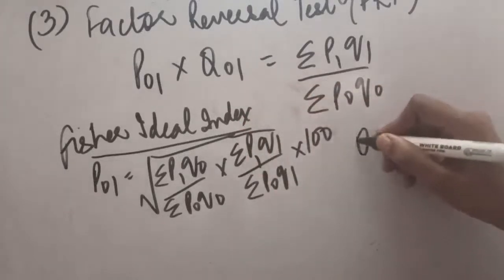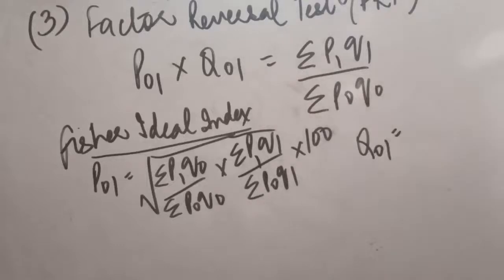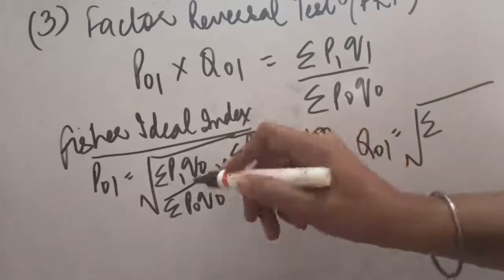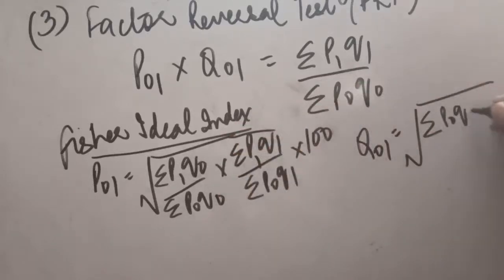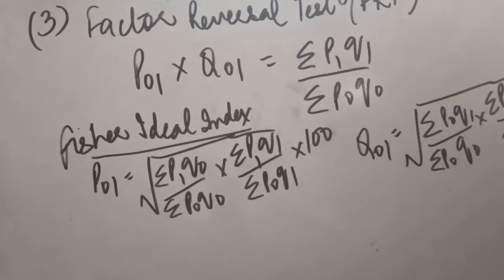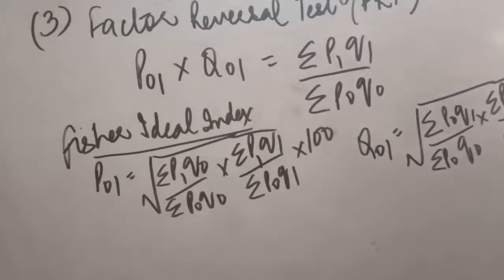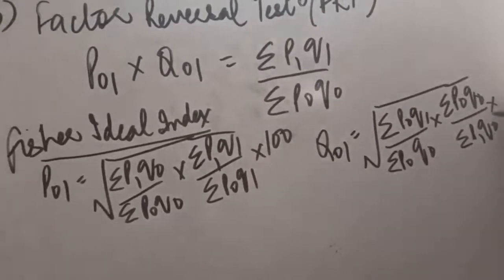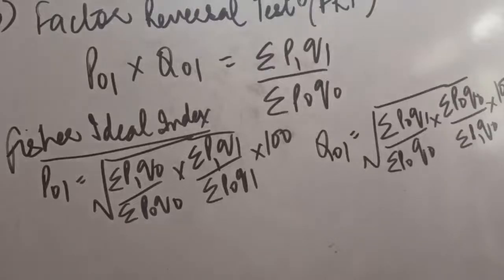And if I calculate the quantity index from here, we have all seen the quantity index, we just have to replace P in place of Q and Q in place of P. So it will be Q1 P0, but P0 will come in the front, and below it will be the same. Here it will be P0 Q0, Q0 P1, so P1 and Q0, multiplied by 100. So like this, P01 and Q01 are calculated.